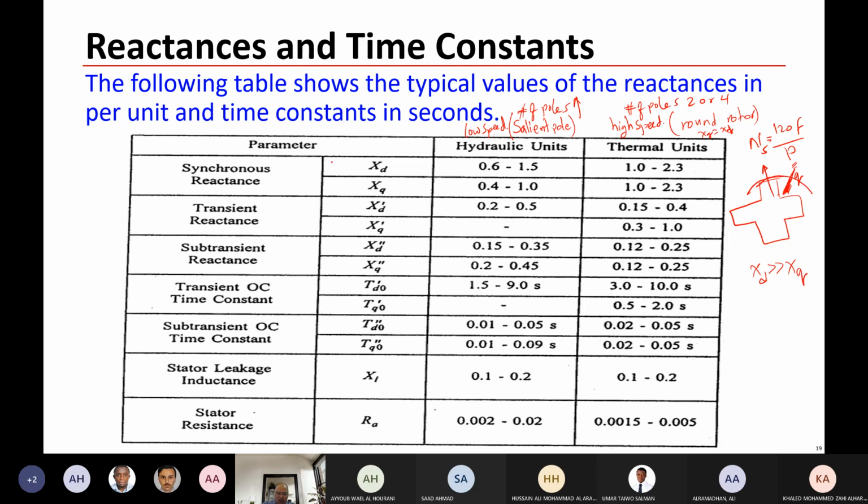So for synchronous reactance XD and XQ, you can see for the hydraulic units here, XD is higher than XQ. And here they are almost the same, XD equal to XQ.